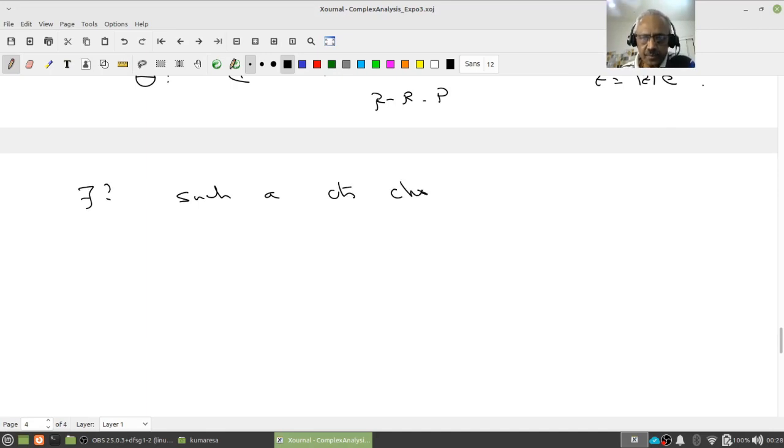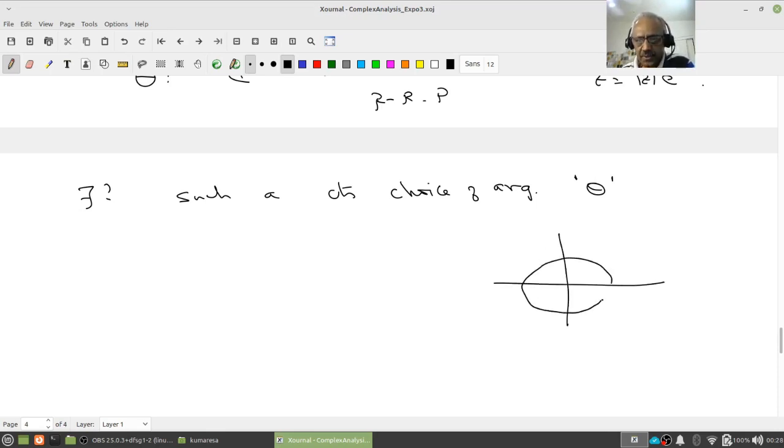A continuous choice of argument, namely such a theta. So the usual hand waving argument will be like this. Suppose I take the unit circle and start from here, this is 0. This is my theta t.